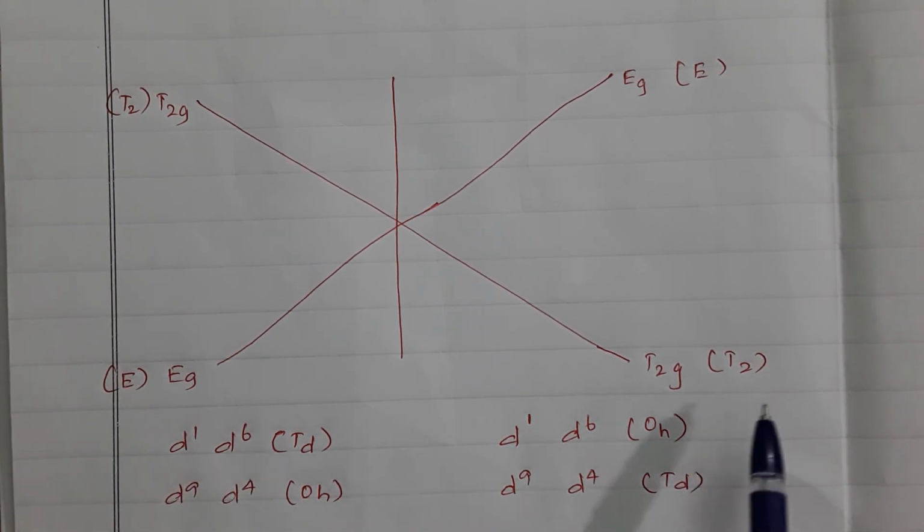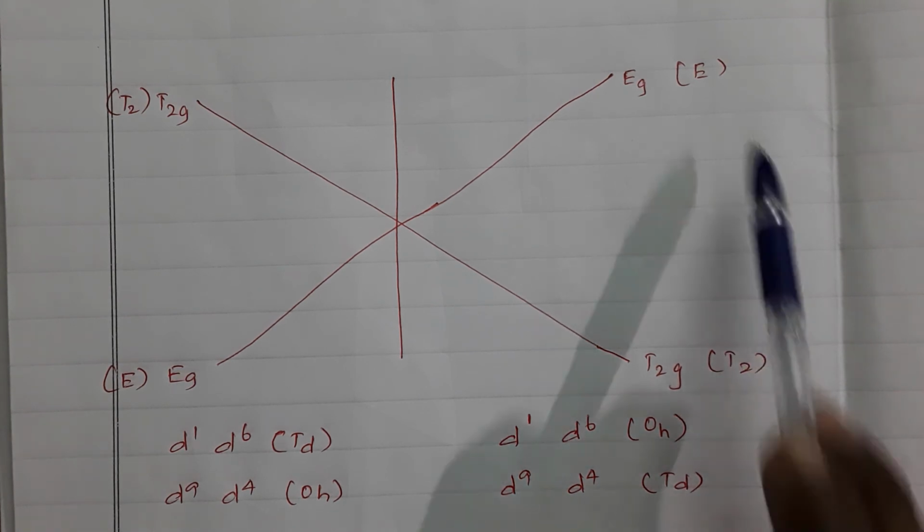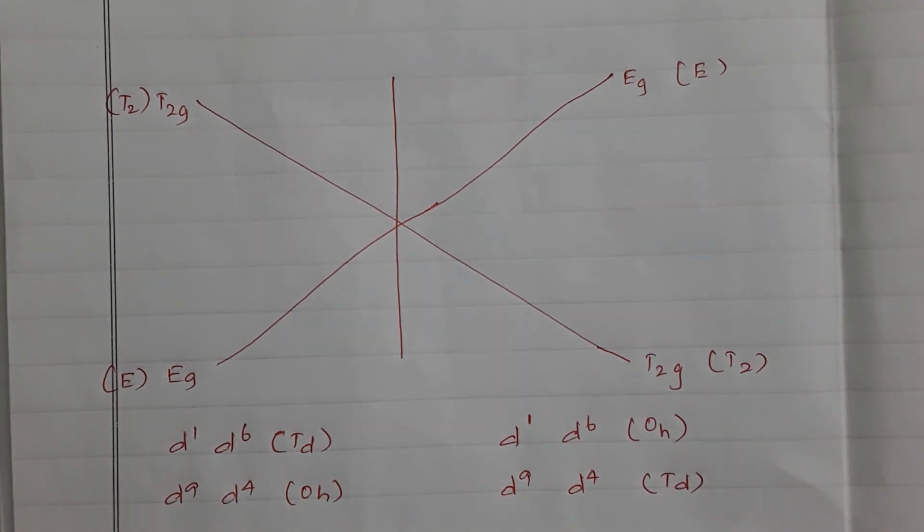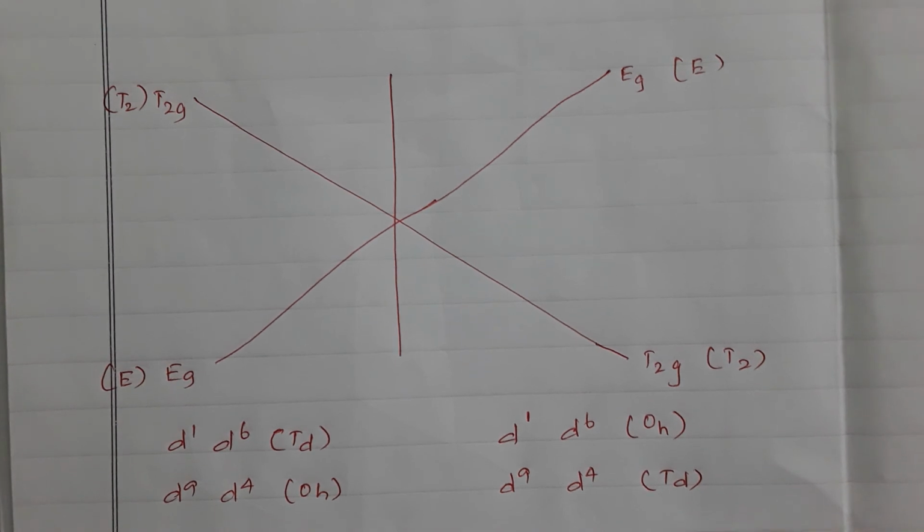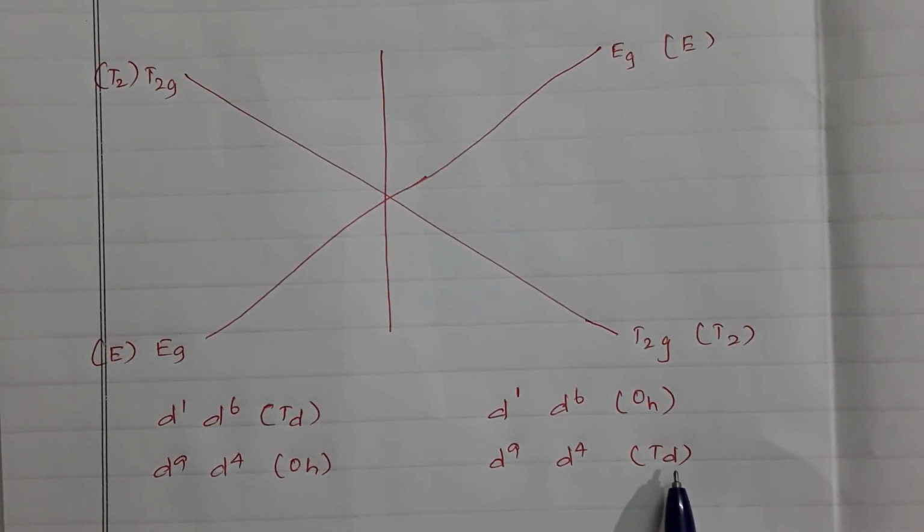So in brackets I mentioned T2 and E for tetrahedral, and T2g and Eg for octahedral. The tetrahedral d9 and d4 are the inverse of octahedral d9 and d4. So this is the complete representation of the Orgel diagram for tetrahedral and octahedral fields for d1, d9, d6 and d4. Thank you.